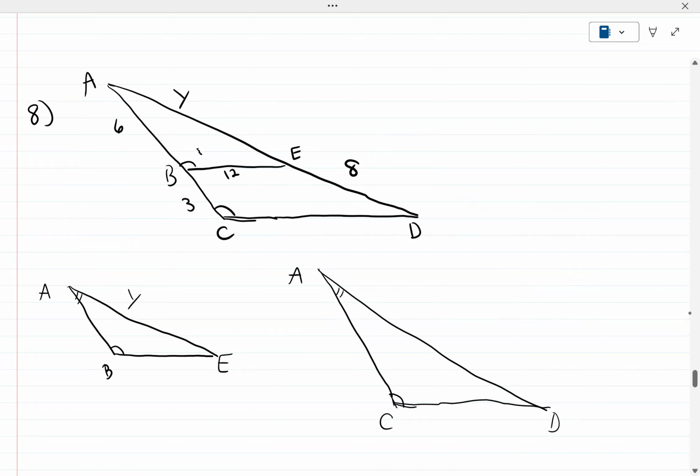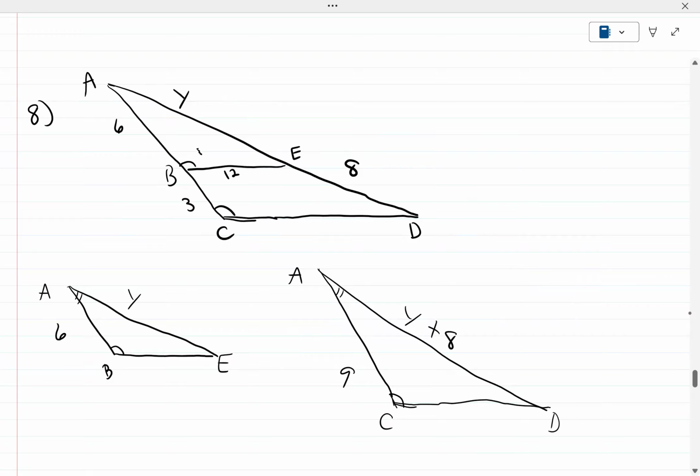So this length here is Y plus 8. Okay, so now what we could do is set up our proportion. So this length here was 6. This entire length is 6 plus 3, so that's 9.